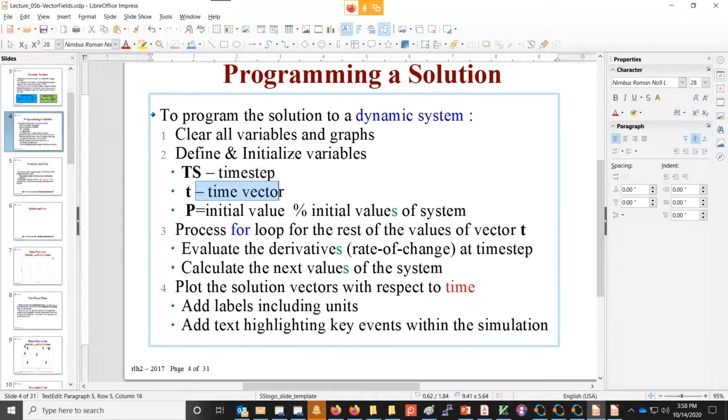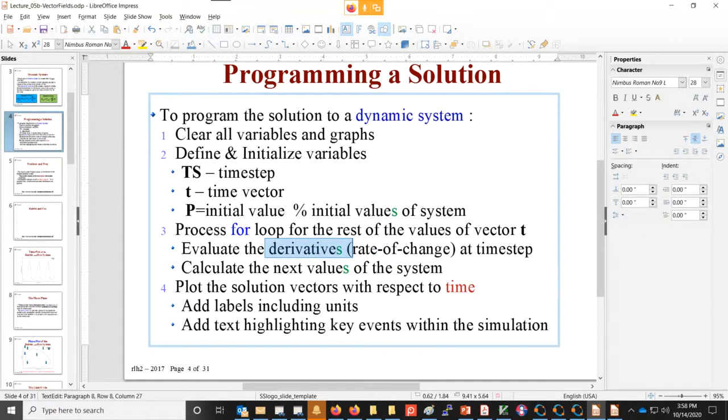Define your time step, build your time vector, initialize all your variables, including your initial values of your process variables, your rabbits and your foxes or whatever it is that you're simulating. And then do your for loop and evaluate the derivative, or derivatives if you have more than one. So if you have a third order, then you have to actually evaluate all the derivatives.